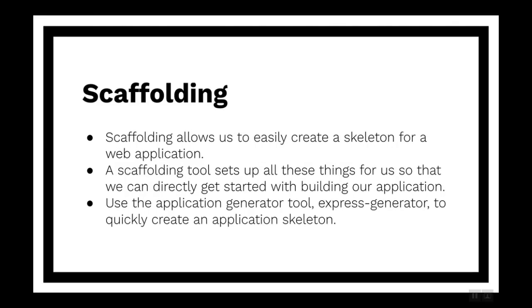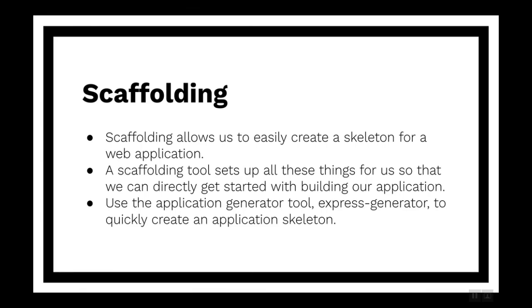Alright, scaffolding. Scaffolding is an easier way of creating a skeleton for the web application. Okay, so I don't recommend using scaffolding in the beginning of your career in ExpressJS, but as soon as you get comfortable with ExpressJS and if you start working on multiple projects, that's when I would recommend using scaffolding tools.